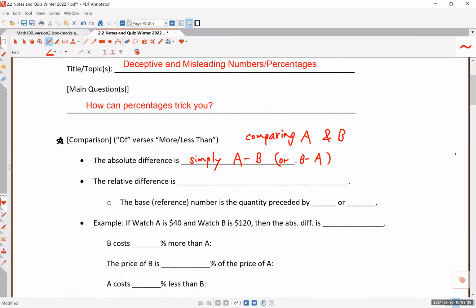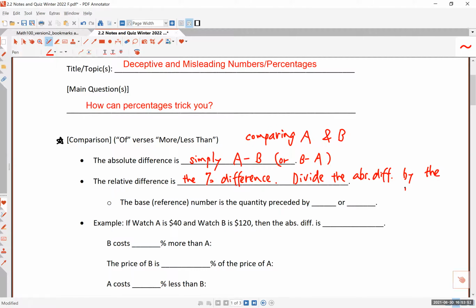All right, and the relative difference is the percentage difference, right? It's a percentage difference. And of course, that seems simple, but what we have to do is just divide the absolute difference by which number? By the base number.